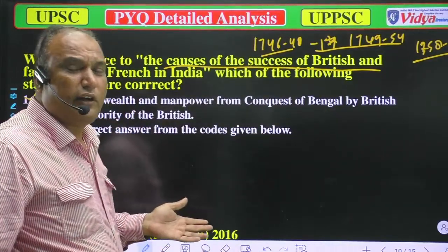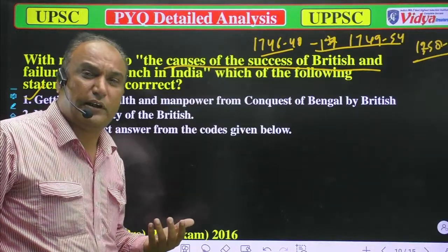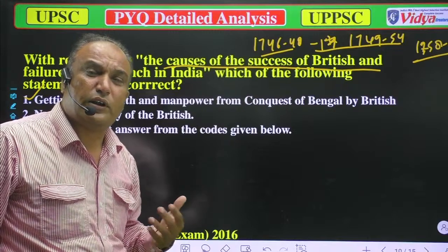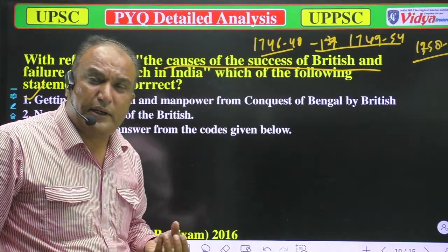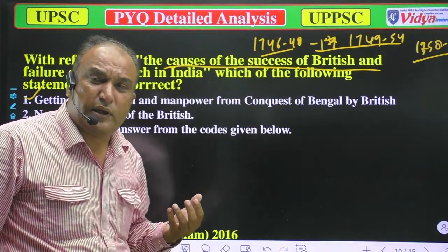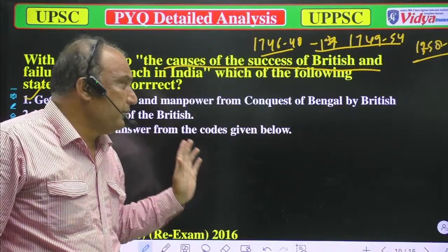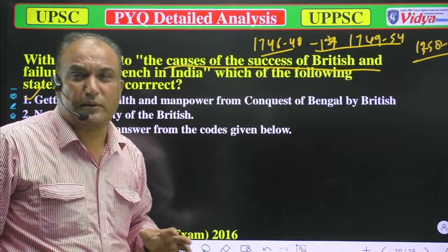There was always a fight for Bengal, in the Mughal period and the Sultanate period also. Some officials of the Sultan, some officials of the Mughals, always tried to get independence, to set themselves up as an autonomous state. But Bengal was finally captured by the Britishers.